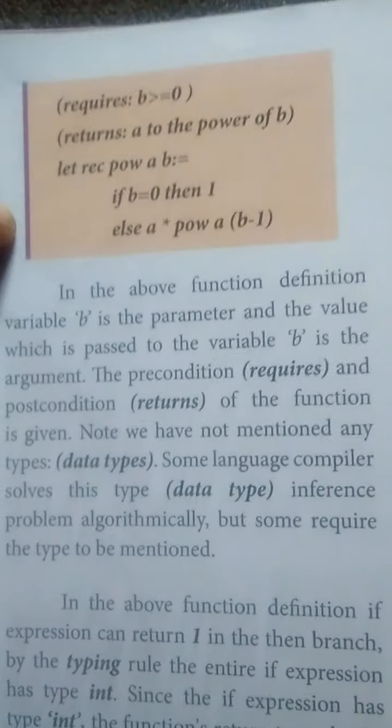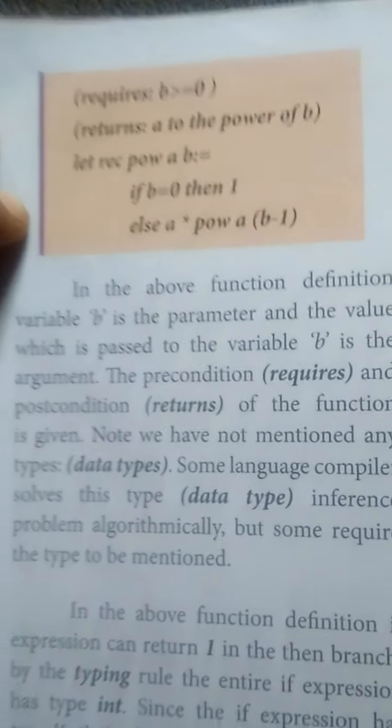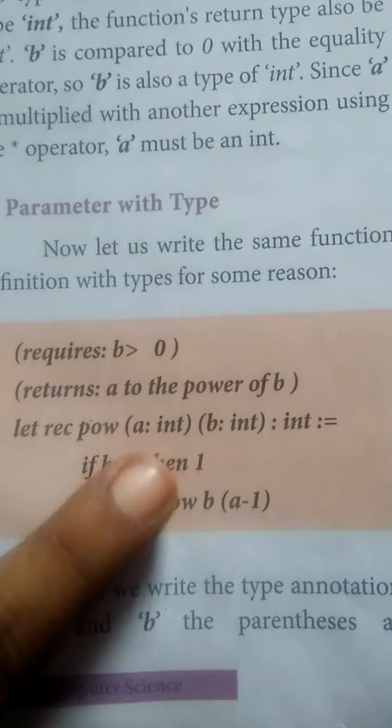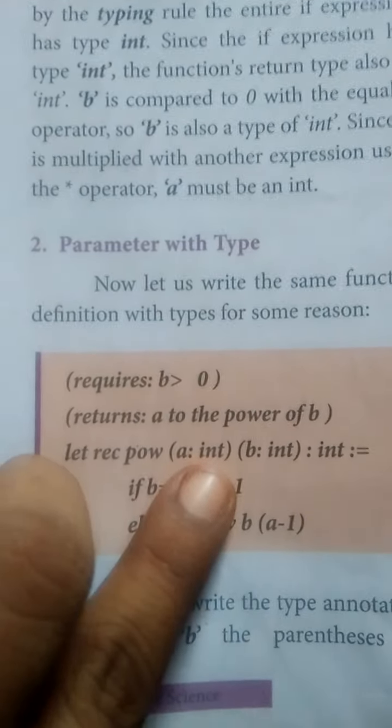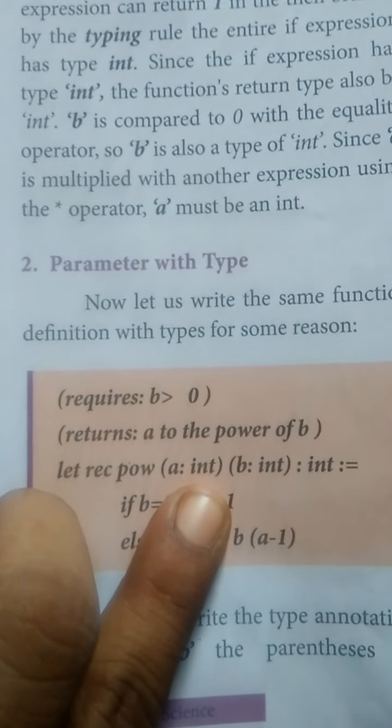Now I am going to enter the data type in the same set of codings. Here I have requires b greater than or equal to 0. On that, I have int b, int equals. So this int is a data type.